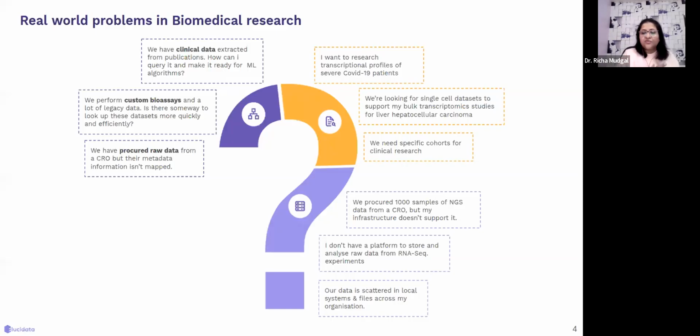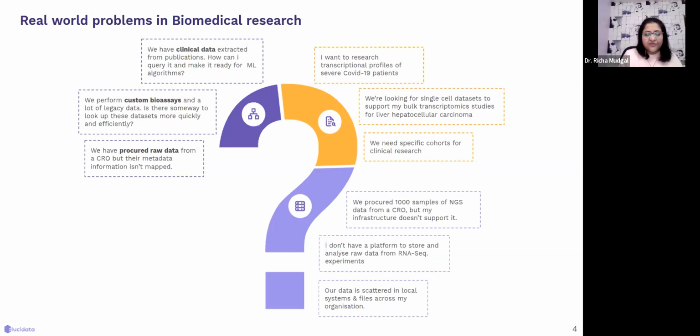When we talk to our customers, most of their discovery projects or biomedical research are very data driven or data heavy, and they have different sorts of questions related to the structuring of the data itself, sourcing the right data, or the lack of infrastructure for the data.